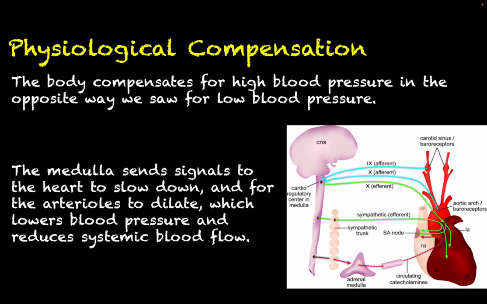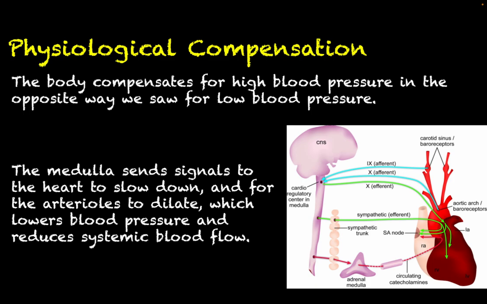So the medulla, when it receives signals from the baroreceptors saying that the blood pressure is too high, will send signals to the heart through the parasympathetic nervous system, and this will slow the heart rate down. So that'll decrease the rate of blood flowing through the body. It'll decrease the blood pressure. The arterioles will be allowed to dilate, which will relieve the blood pressure as well.